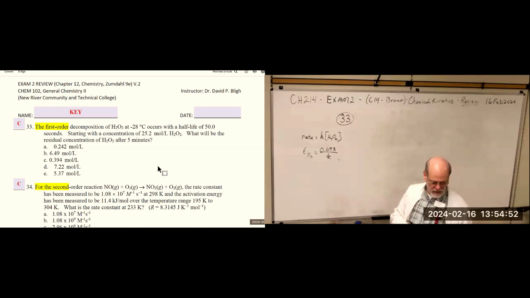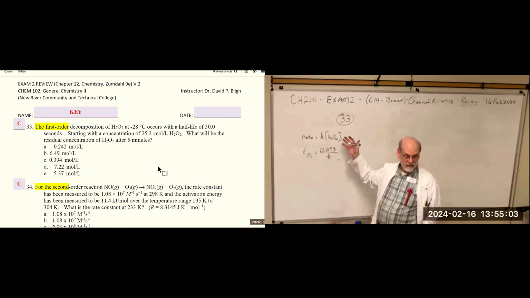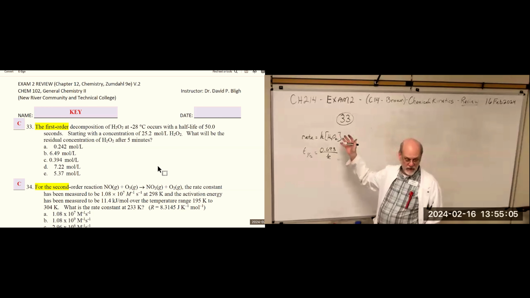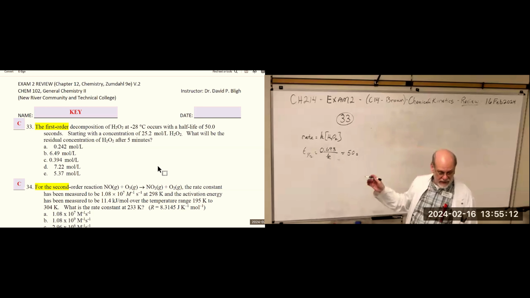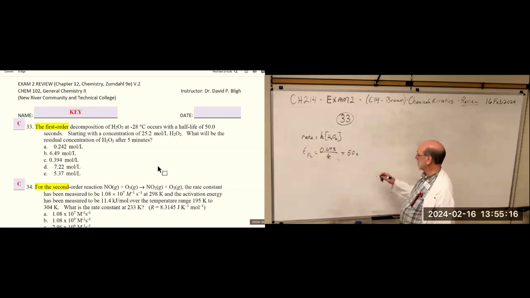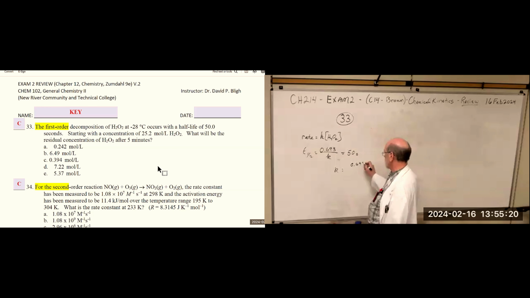Well, we're given the temperature, but I don't think that's relevant. Half-life of 50 seconds. Notice that the half-life doesn't depend on the concentration. It's going to be a half-life no matter what concentration we start with. So this is equal to 50 seconds. So we can calculate K from that value. Right? So K is equal to 0.693 divided by 50.